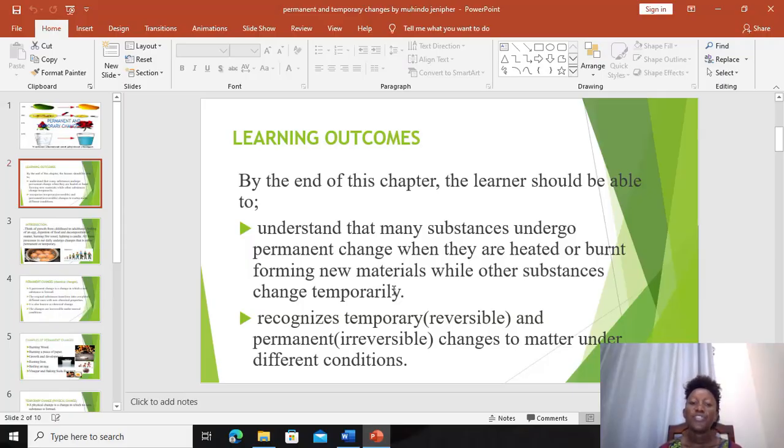Also, the learner should be able to recognize temporary, or reversible, changes and permanent, or irreversible, changes to matter under different conditions.